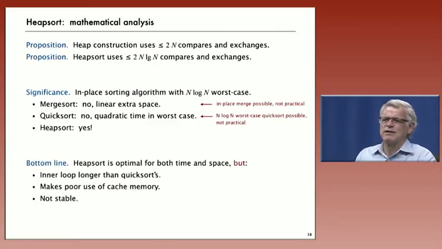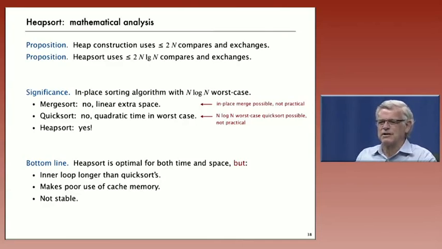Now in practice, Heapsort's actually not used that much for a couple of reasons, and they might ask you these on your job interview too. First thing is the inner loop is longer than quicksort's. Like merge sort, there's more things to do in the inner loop. There's that compare the two children bigger, and then compare.